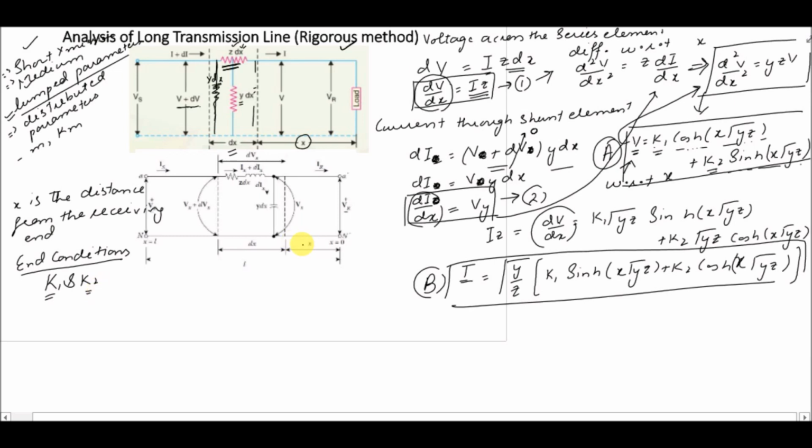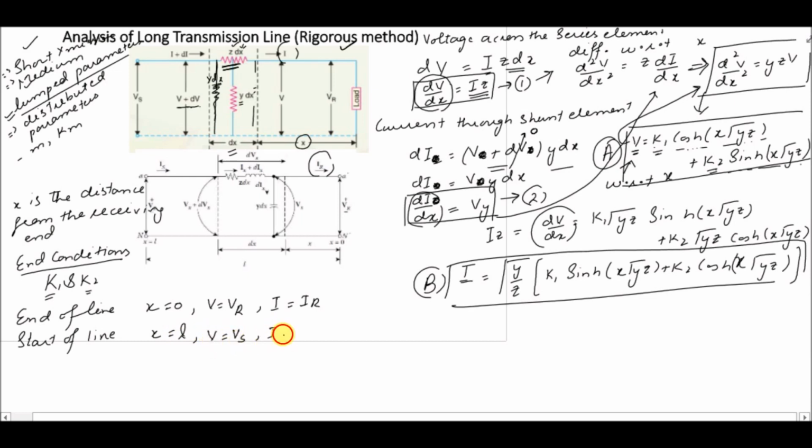For example, at the end of the line we have x is equal to 0 and the voltage at the end of the line is VR, V is equal to VR, and the current at the end of the line is IR, that is passing through the load. For the start of the line, x is equal to the length of the line, because x is the distance from the end of the line, so it is equal to L, and the voltage is Vs, sending end voltage, and the current is Is, sending end current.